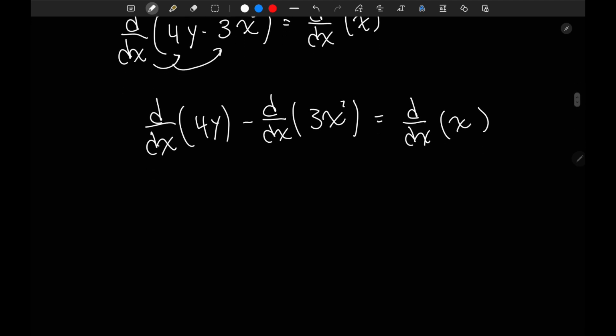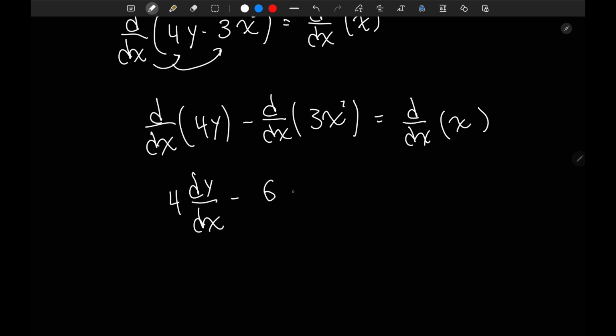Okay, and now we just evaluate each derivative. So here the derivative of 4y, we're just again power rule, so we will be left with 4 dy/dx. And then here, the derivative of 3x squared, using the power rule, the 2 is going to multiply the 3.